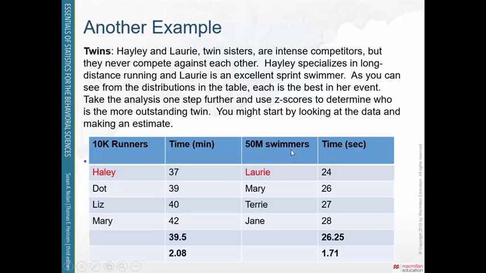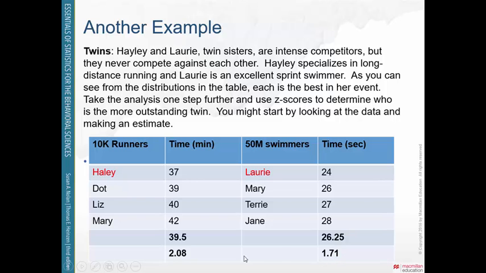And in this case, the swimmers, we've got Lori, the other twin, with a time of 24 seconds. And she's done better than, again, everyone in her field. And this is mu, the mean, 26.25. And the standard deviation, 1.71. Okay.